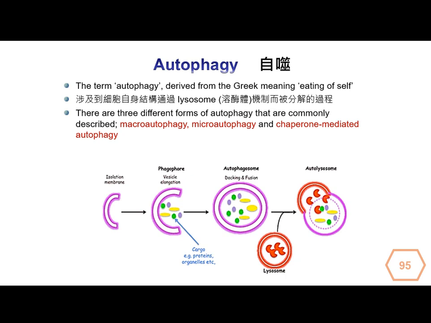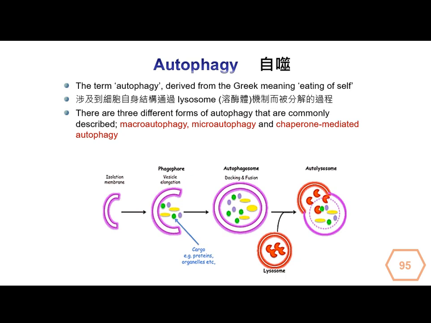It's about how lysosomes try to degrade used material or damaged material inside the cell. And it initiates with a membrane. The membrane could be from a vesicle, or from your cytoplasmic membrane, inward of the cytoplasmic membrane.